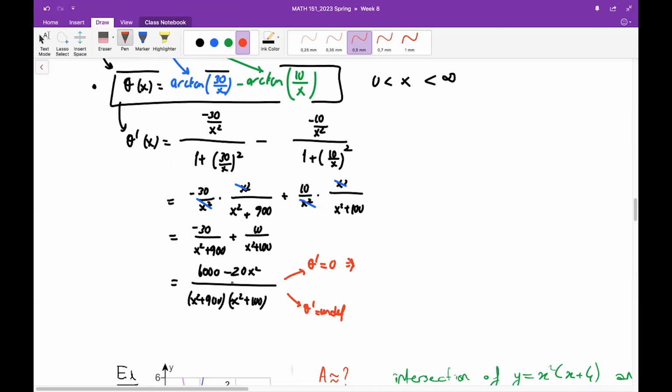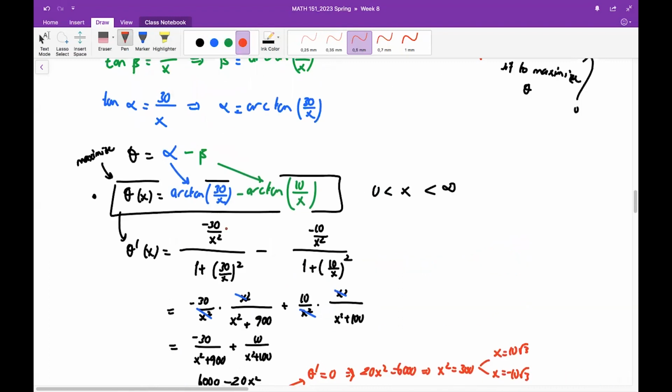The first derivative function is 0 if 20x squared is 6,000, meaning that x squared is 300 and x is 10 square root 3 or minus 10 square root 3.